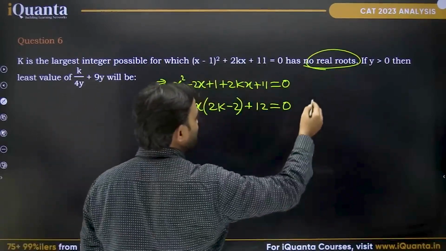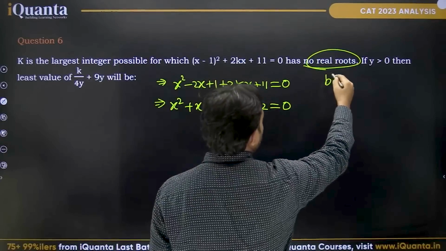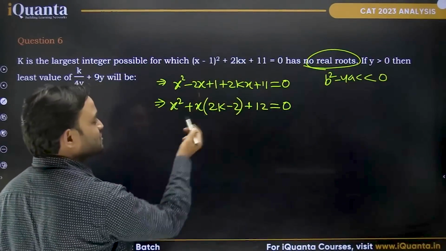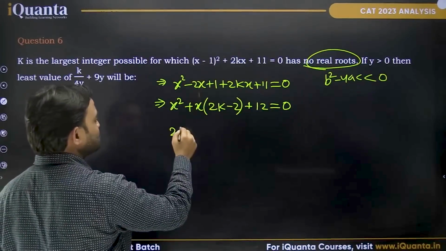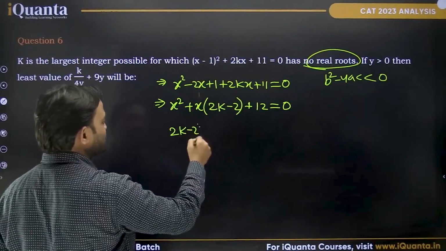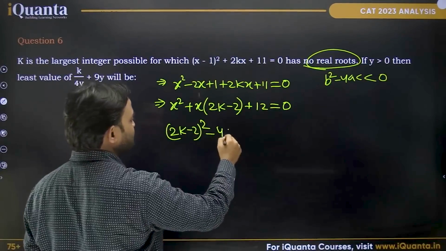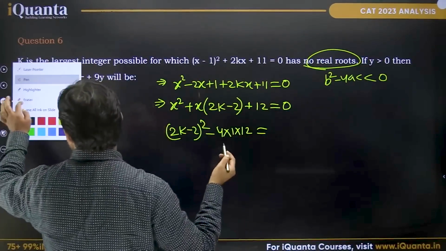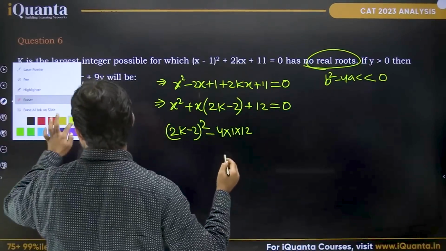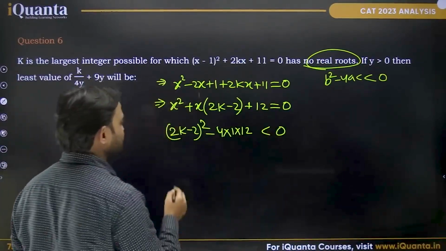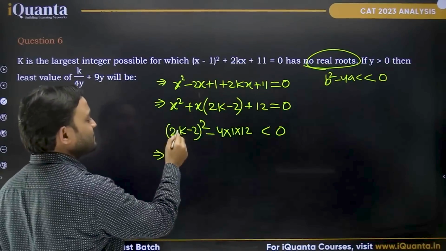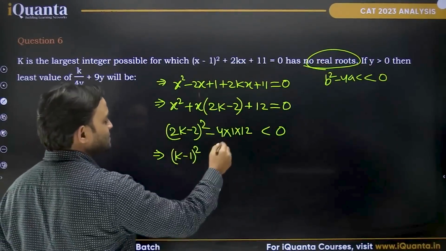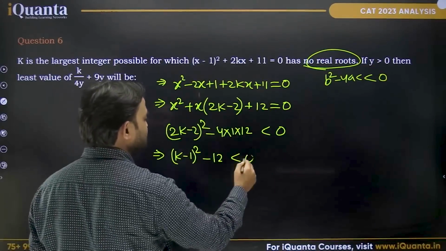We know for no real roots, b square minus 4ac should be less than 0. So let's apply that here. It will be (2 into (k minus 2)) square minus 4 into 1 into 12, which should be less than 0. Now you can take 4 common here and it will remain (k minus 1) whole square minus 12 is less than 0.